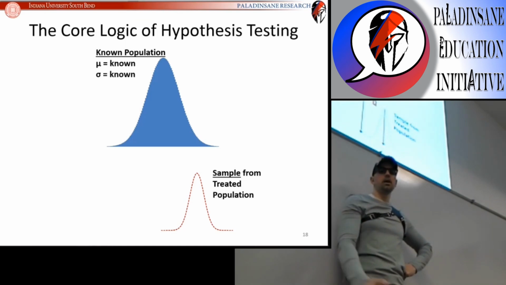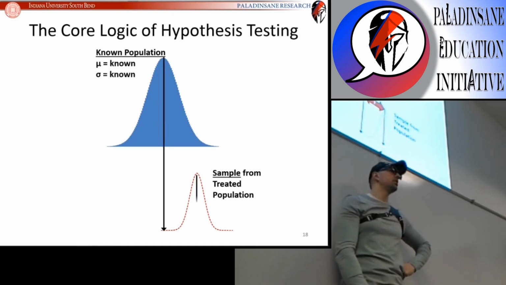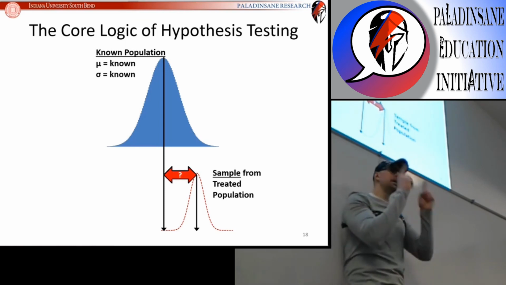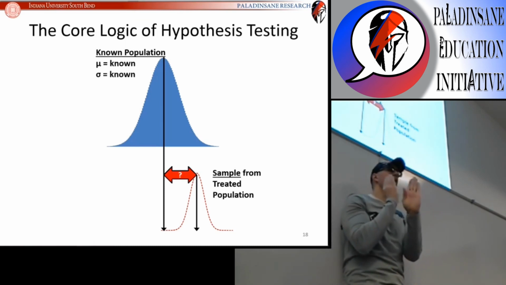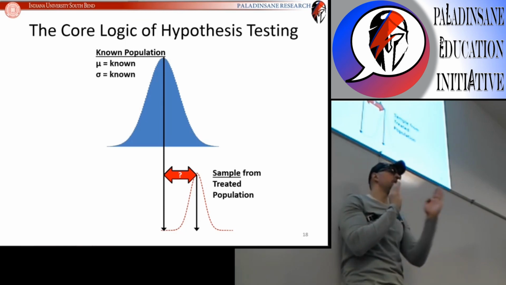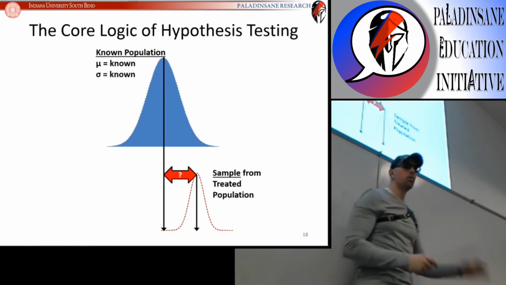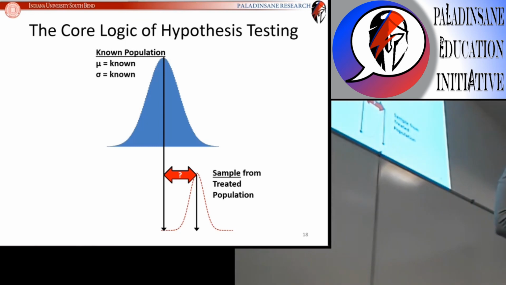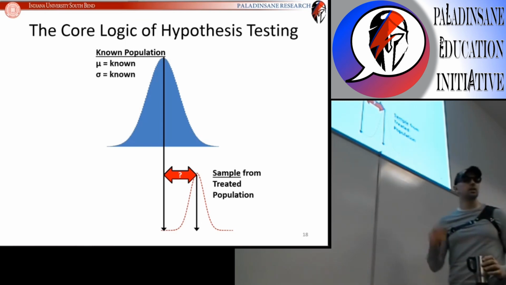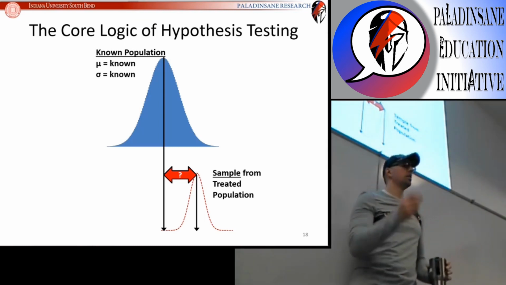And all that we have access to is that difference right there. All that we have access to is how big is the difference between the mean that we measured in our sample and the mean that we know for our population. And that difference here can give us a probability that this sample still belongs to the known population. And that's what we're going to be figuring out.